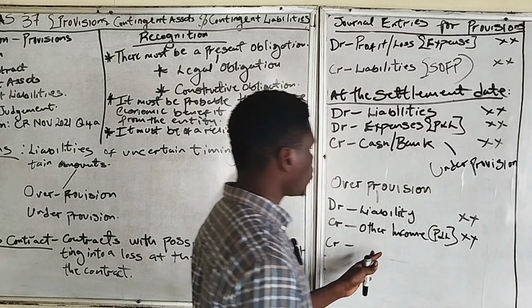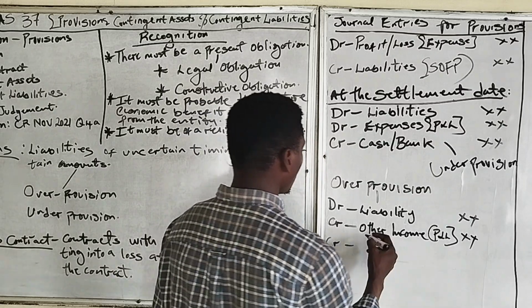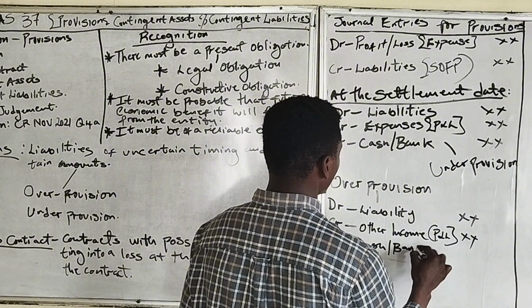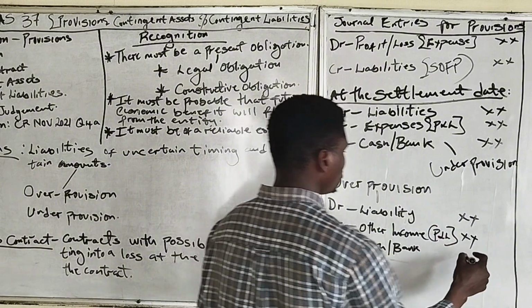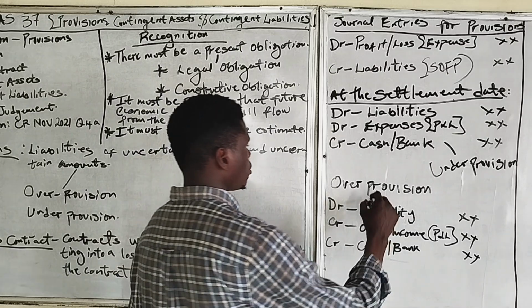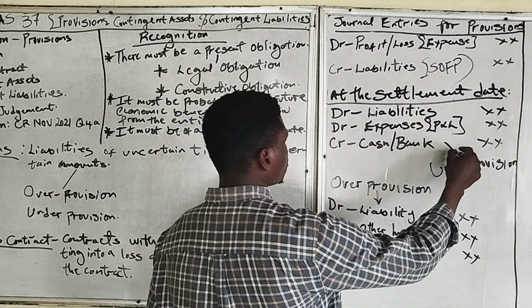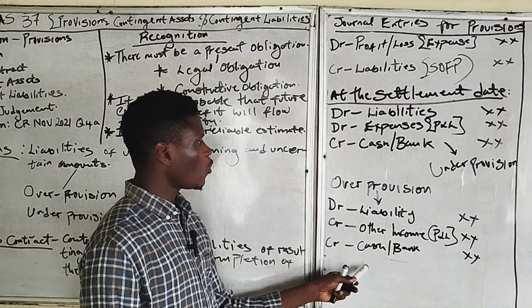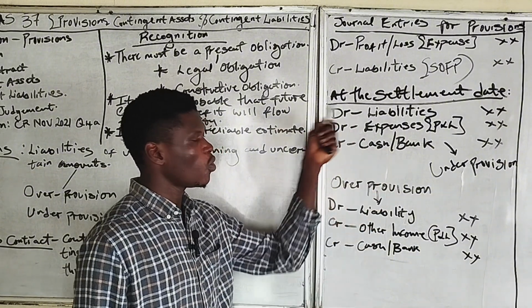Then the actual amount that was settled for will be removed from our cash or bank, which is the actual amount that we paid for settlement. So this is the case for over provision, and the earlier one is the case for under provision.